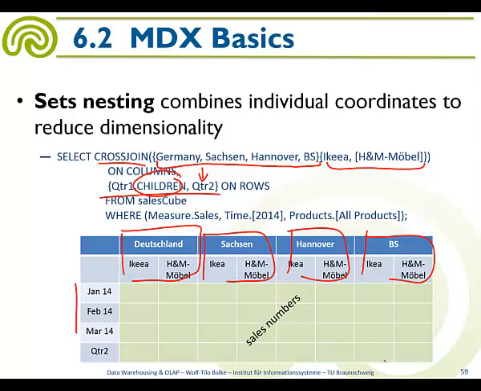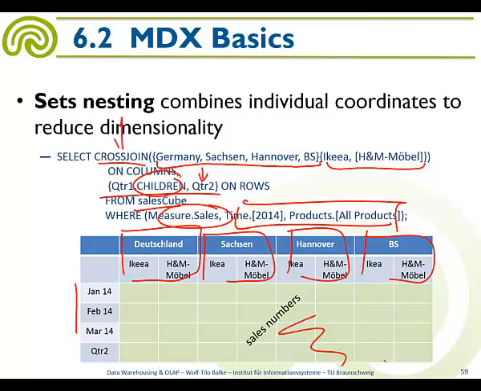So you can generate all these different nodes, and then you have the sales cube, and you say which measures you need and what restrictions on the measures should be applied, and then you get the sales number here, right? So what you do with the cross join is basically a nesting of some dimensions into a single dimension.